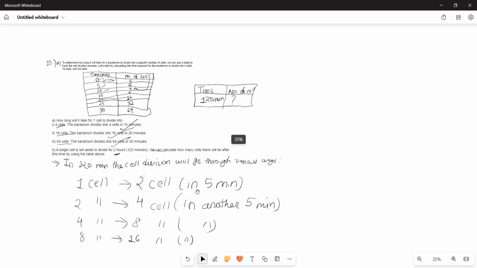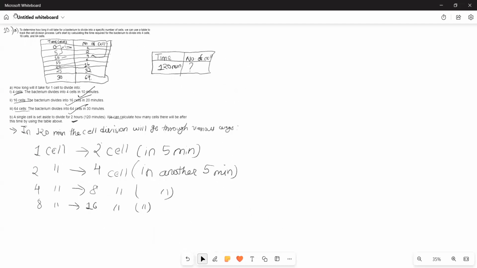Correct? Again 16 cells to 32 cells in another 5 minutes.